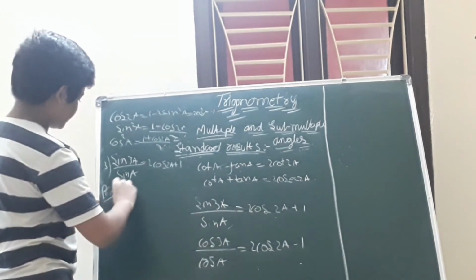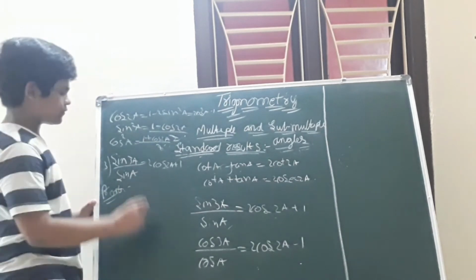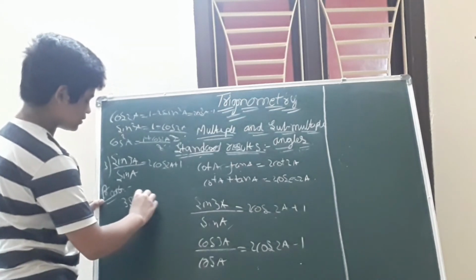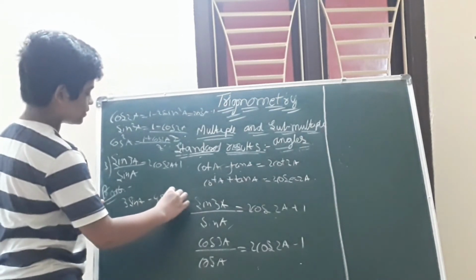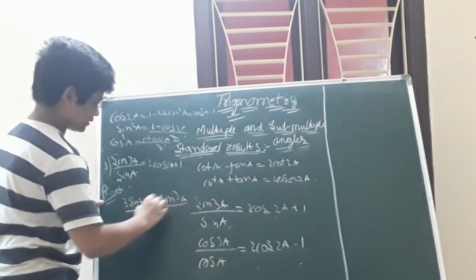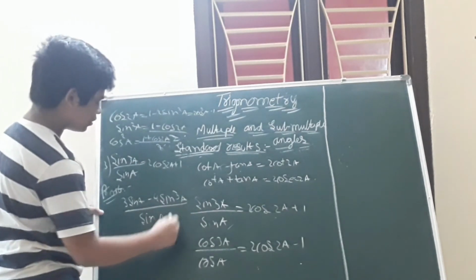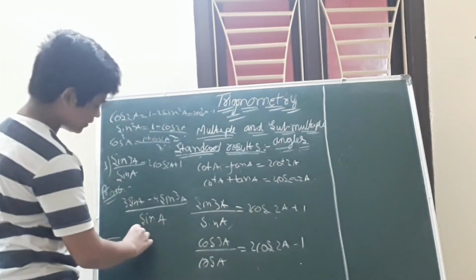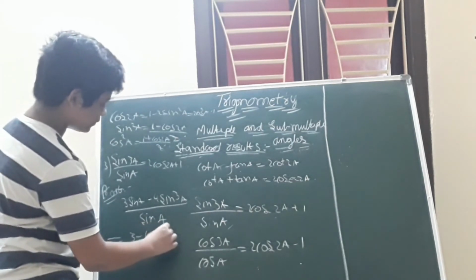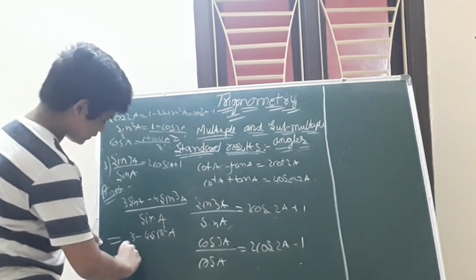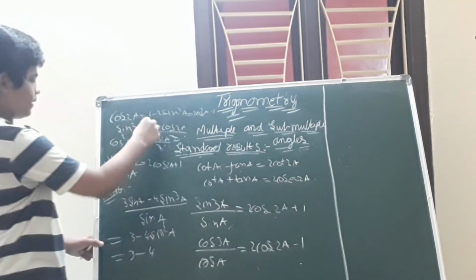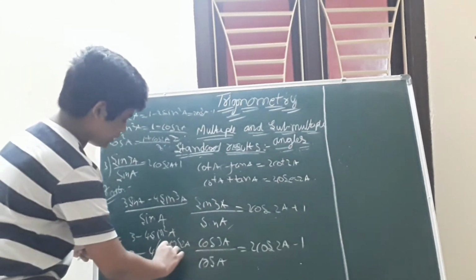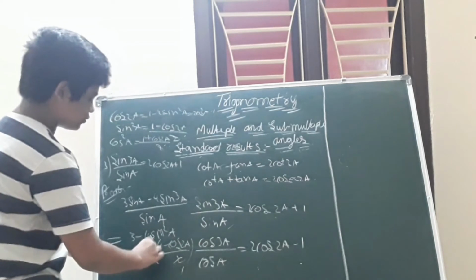Proof of sin 3A by sin A. We already know the formula of sin 3A, that is 3 sin A minus 4 sin cube A, divided by sin A. If we take sin A common and cancel it with the denominator, it becomes 3 minus 4 sin square A. From this formula, sin square A is equals to 1 minus cos 2A by 2.